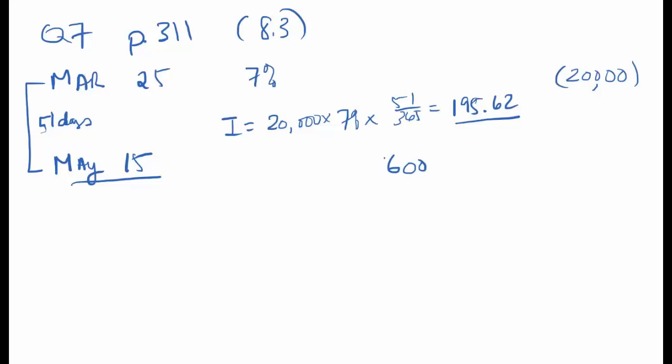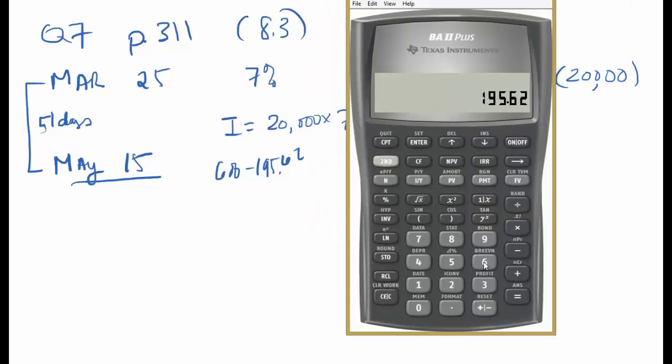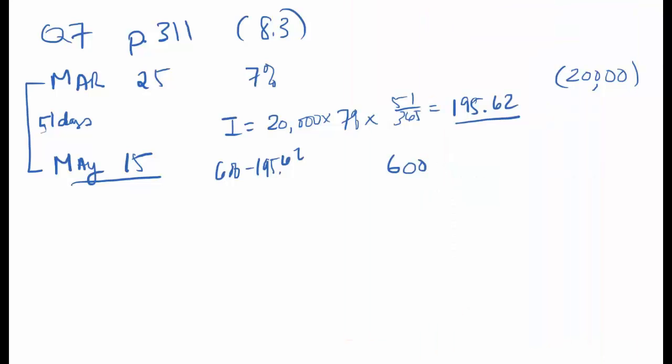So I'm paying $600 off of that, so I can only reduce the balance by 600 minus 195.62. I know I can only reduce the balance by $404.38.